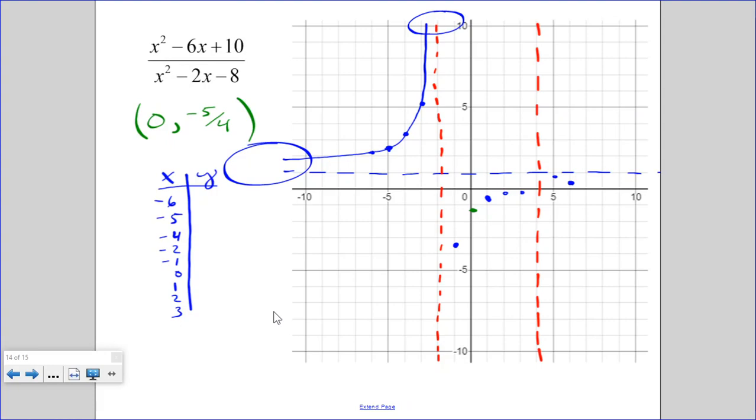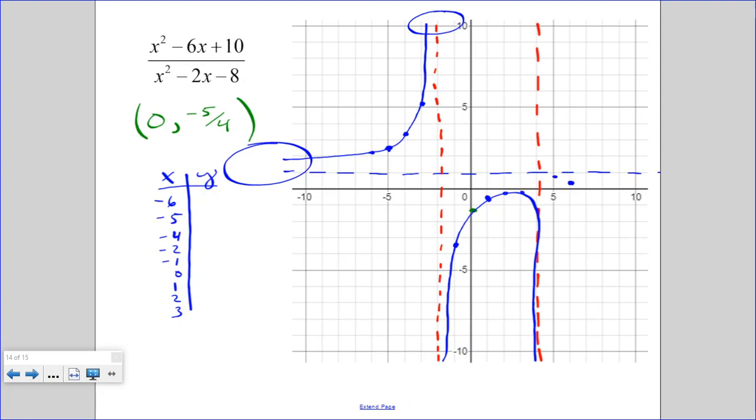Towards negative infinity, our y value is going to approach 1, because that's our asymptote. As we get closer and closer to negative 2, our graph is going to approach positive infinity. The graph then swings around from negative infinity up through all these points that we plotted and back down.